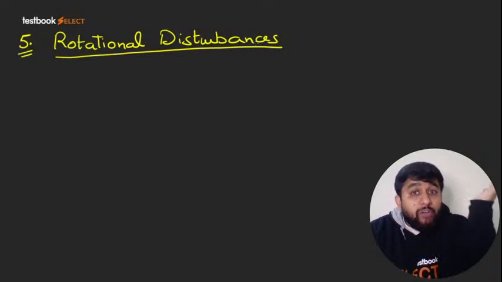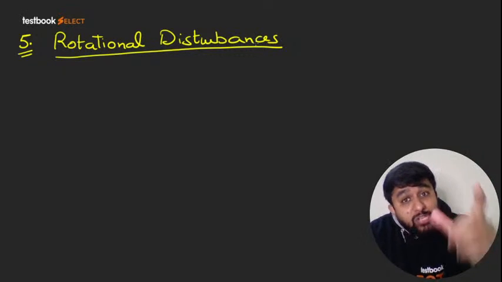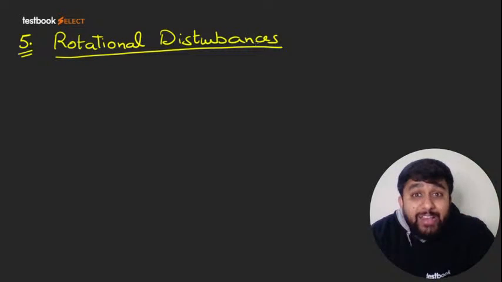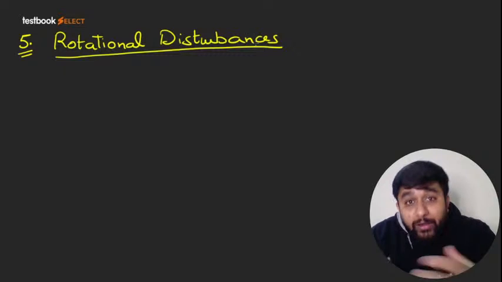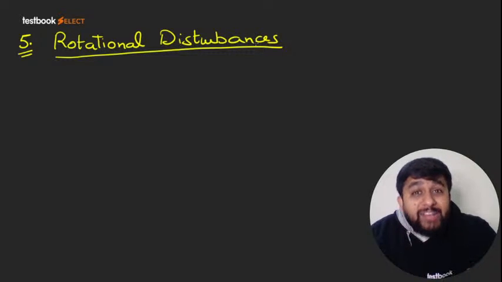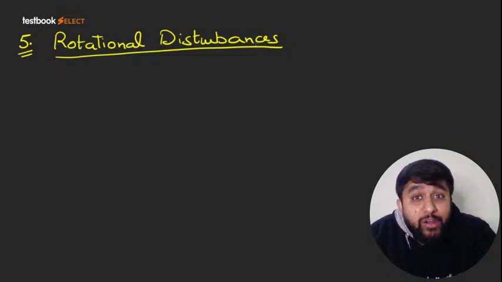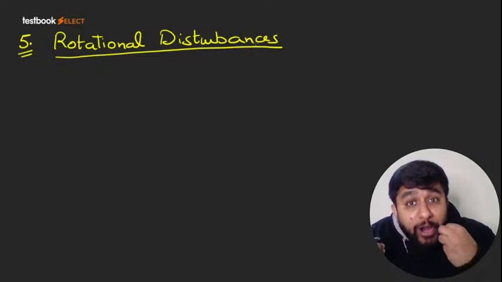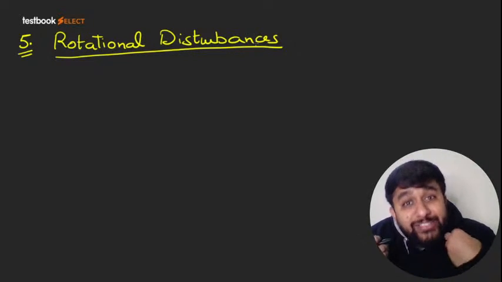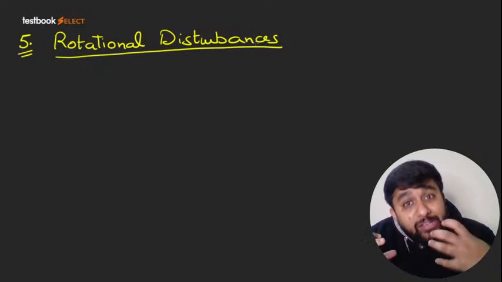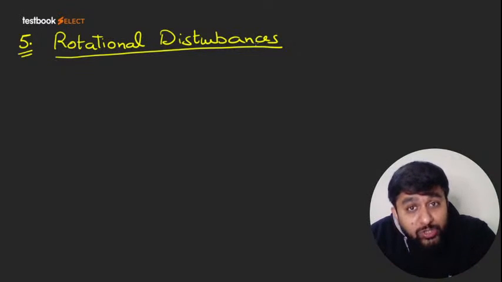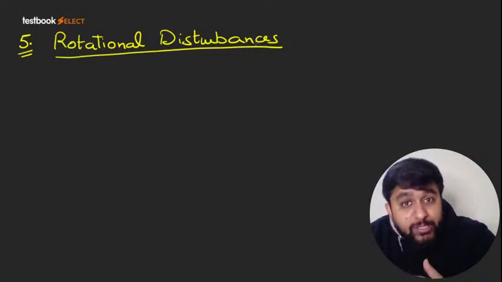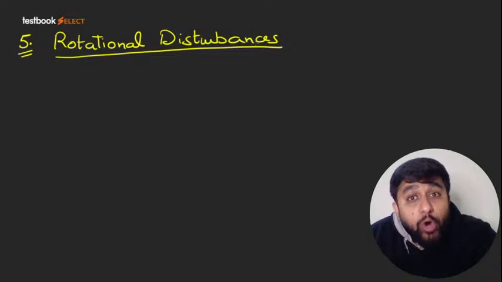But when we are talking of rotational disturbances, these bodies can be stable as well as unstable. But to check this, you will require certain points. Those points are center of buoyancy and center of gravity in case of submarines and hot air balloons. And if you are talking of ships, then you also need to check one more point, that is the metacenter.